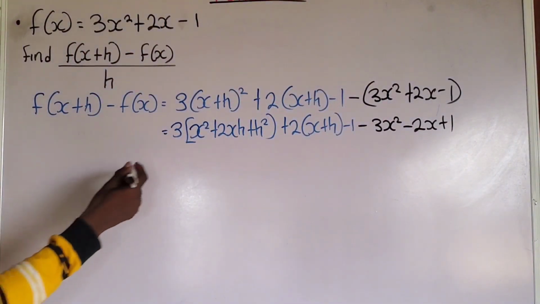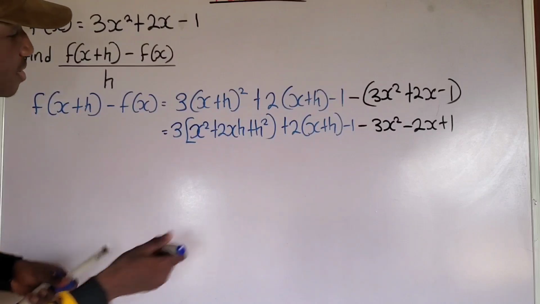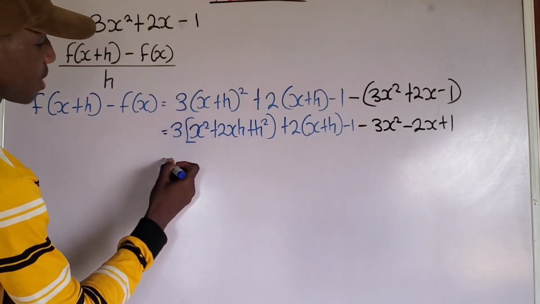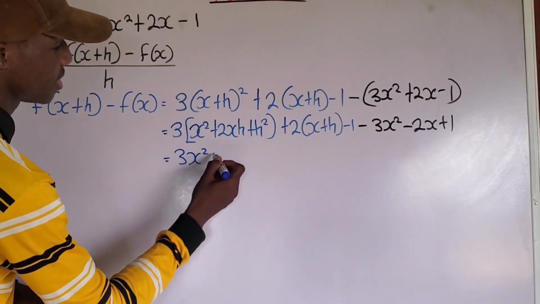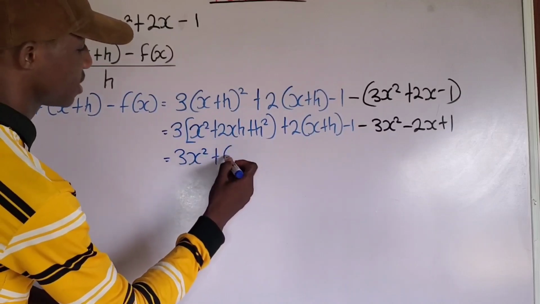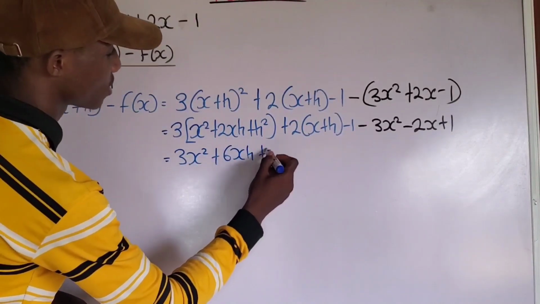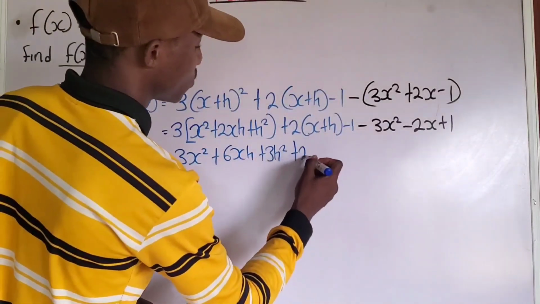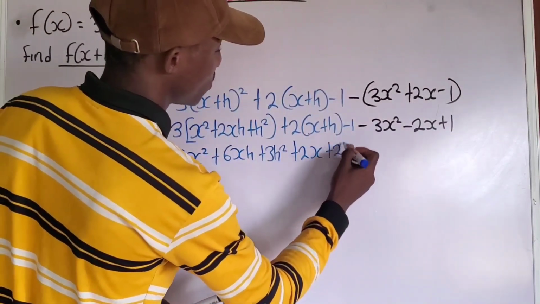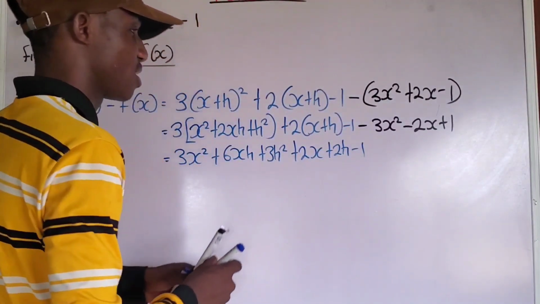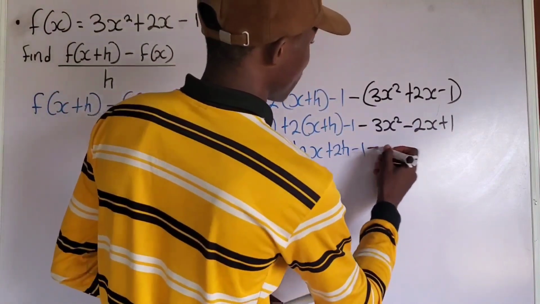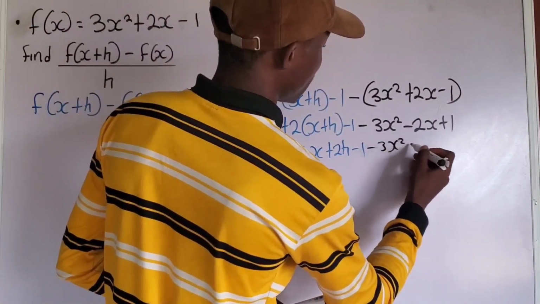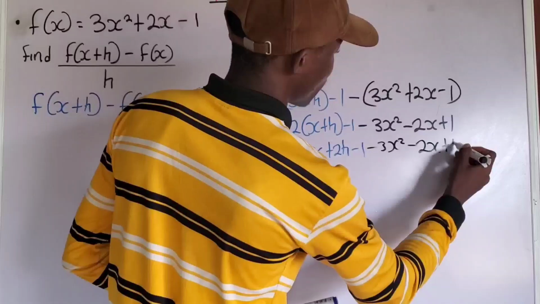So let us proceed. Here, I'm going to have 3 times x squared, 3x squared plus 6xh plus 3h squared. Now, plus 2x plus 2h minus 1, okay? Now, I'm going to have here minus 3x squared minus 2x plus 1.